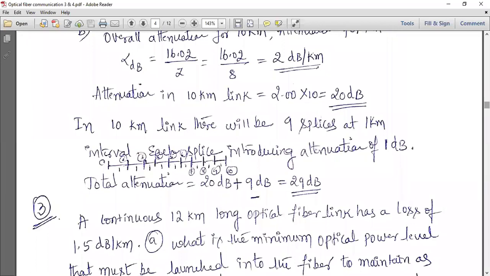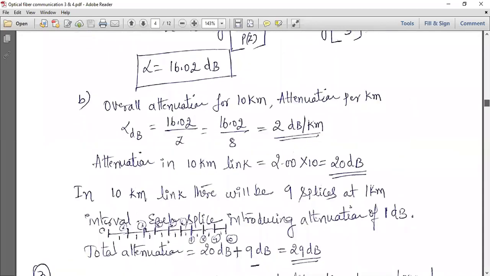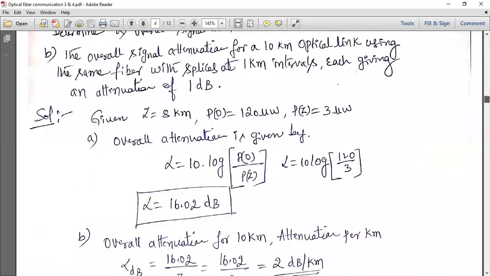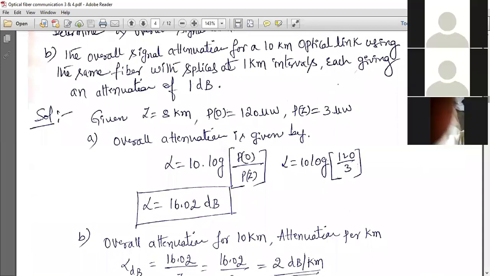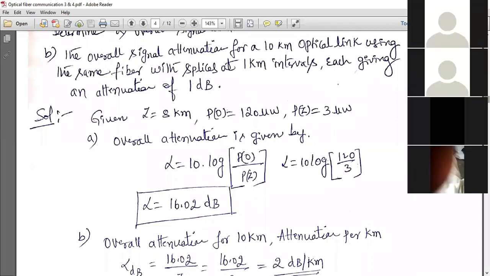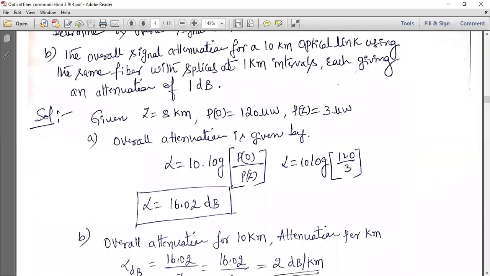This is the attenuation in 10 kilometer, 20 dB, but he has asked to find it along with splicing. You have to consider the splicing. Read the question again. The overall signal attenuation for a 10 kilometer optical link using the same fiber with splices at 1 kilometer. Splicing means you are joining the fibers.